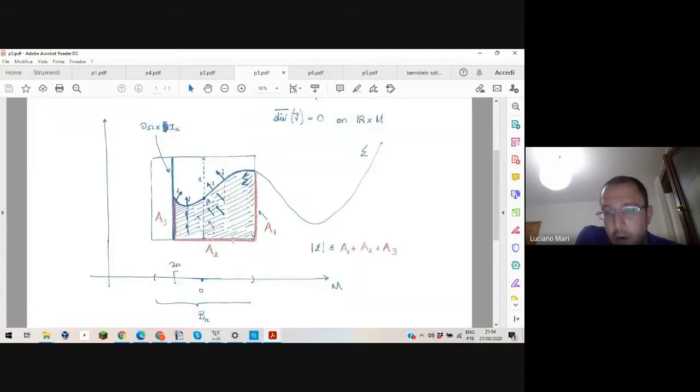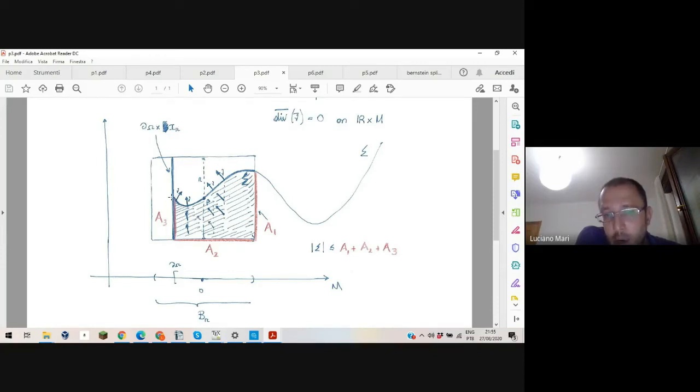A2 is the volume of a ball inside of this space, which is a quadratic exponential. A3 contains a portion of the boundary of omega cross ER, so it's basically a quadratic exponential by our assumptions on the boundary.